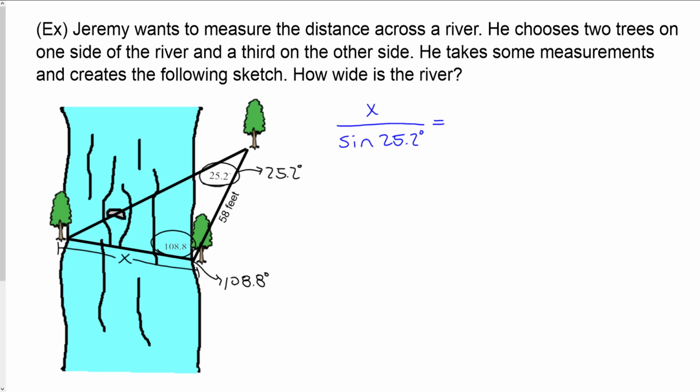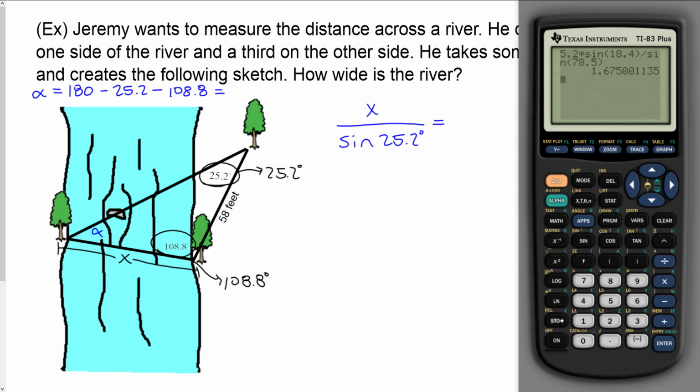Then, the only other measurement that I know is the 58 feet. But one thing I could figure out pretty easily is what this angle measure is right here, which I could call alpha. So I could come up with that measure by doing, alpha would be 180 minus 25.2 minus 108.8.